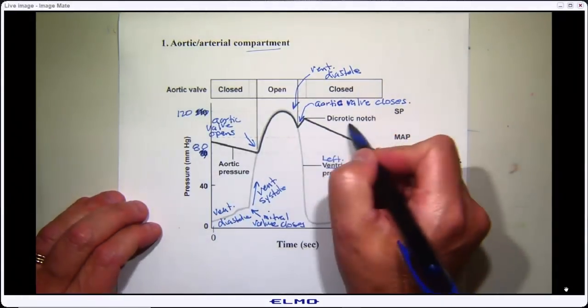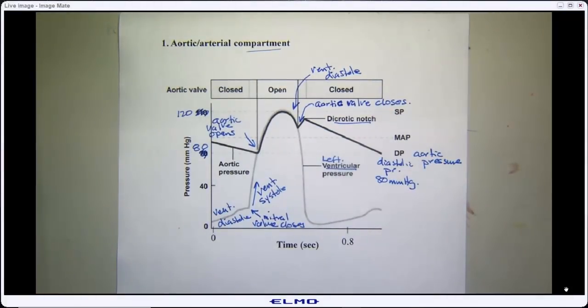You get this little funky pressure wave, something that they call the dicrotic notch. This is thought to be, so when I've got a valve open, right, so I'm ejecting volume from my left ventricle up into my aorta. I've got that valve open.